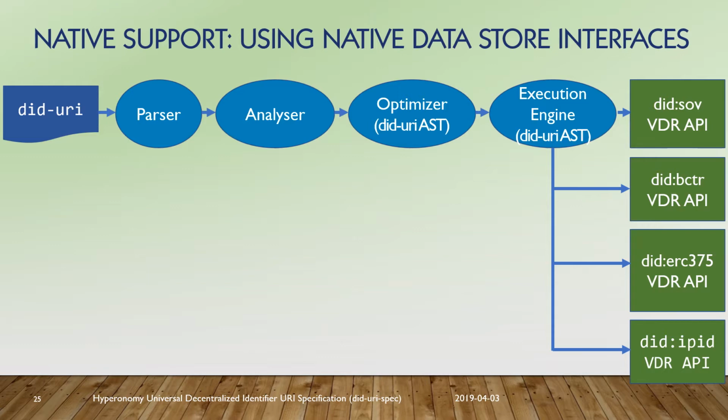The previous slide was talking about coexistence, where one grammar is essentially running on top of the other. And this is a scenario where the did ABNF grammar would no longer be required because the parser and processing pipeline would be running directly against the underlying data stores, the underlying ledgers or DLTs.